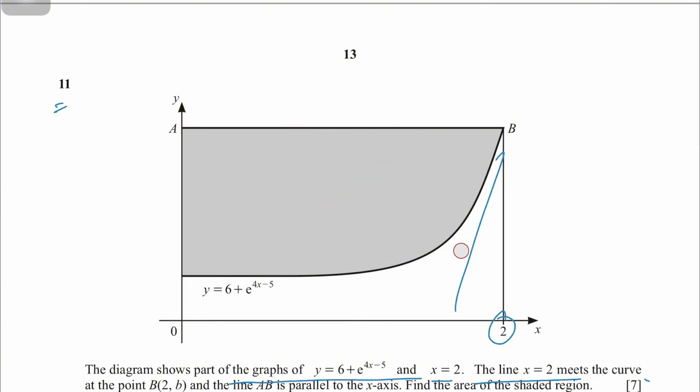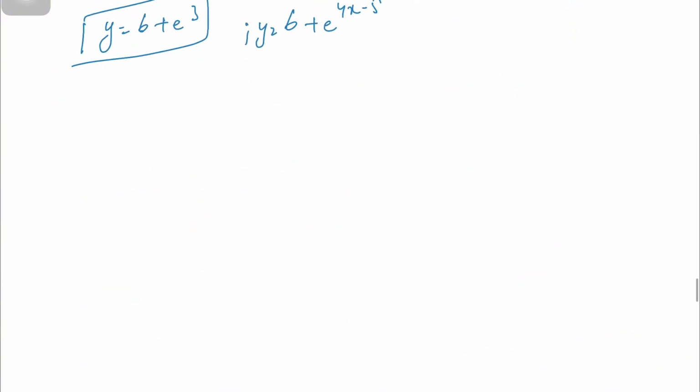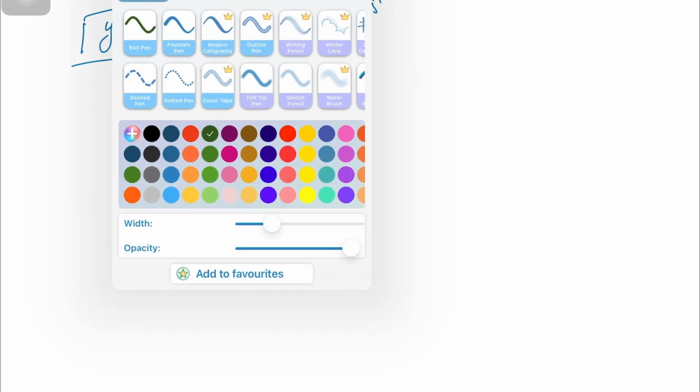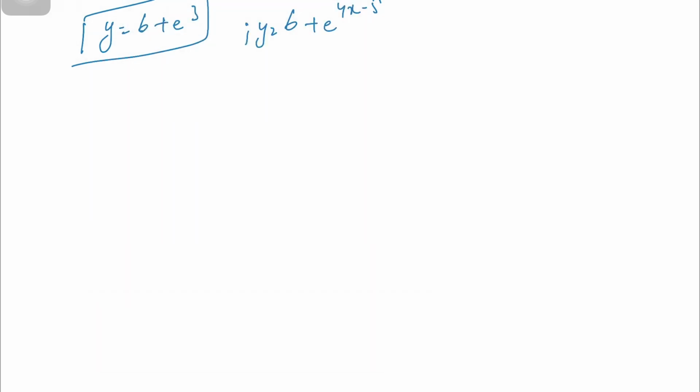So we need to calculate the area of line, and then we need to subtract the area of the curve. So our area of line would be simply this, with the limits 2 to 0, and our curve's area would be simply this by integrating both.